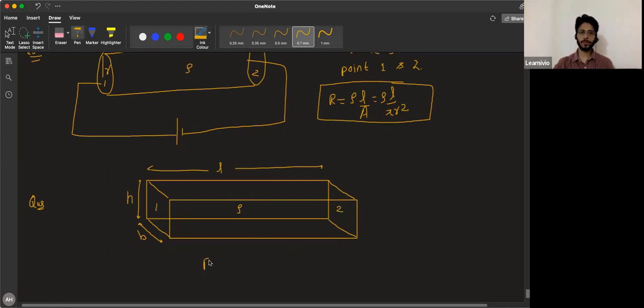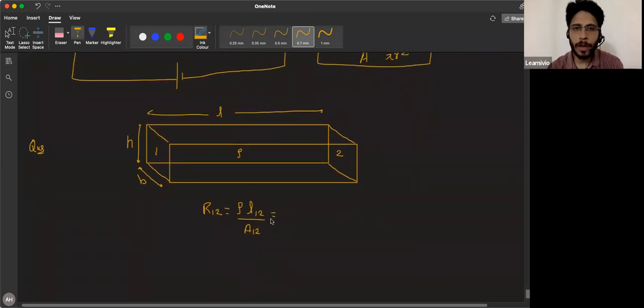So for resistance, you can use this expression: R12 is rho L12 divided by area A12. L12 means the separation between point 1 and point 2. In the expression of resistance, that length means the separation between the two ends.